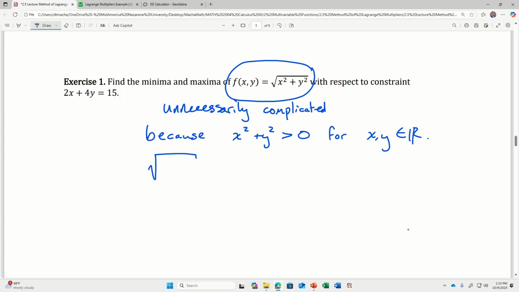The square root function is strictly increasing whenever the radicand is a non-negative number.